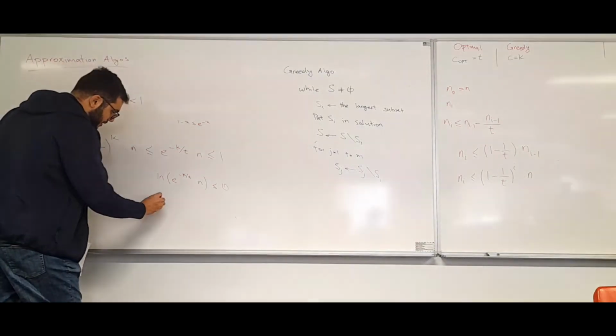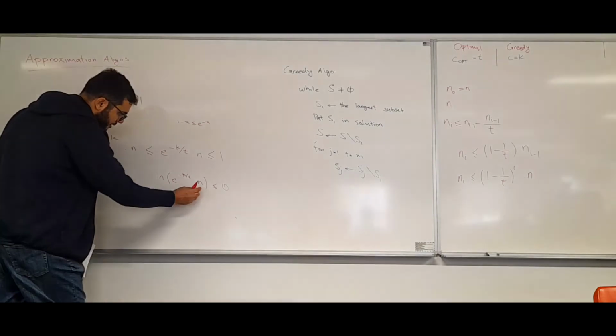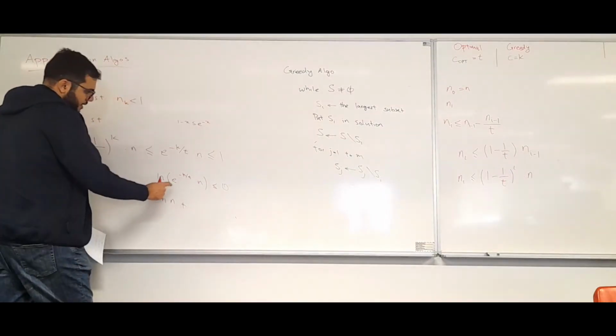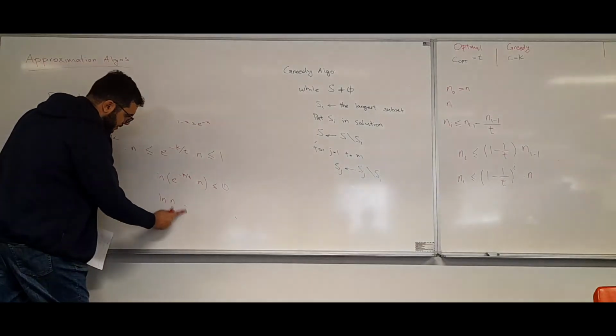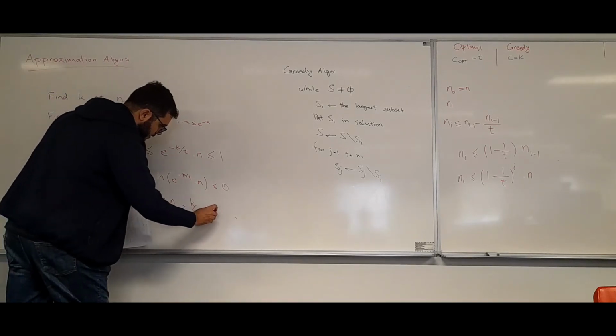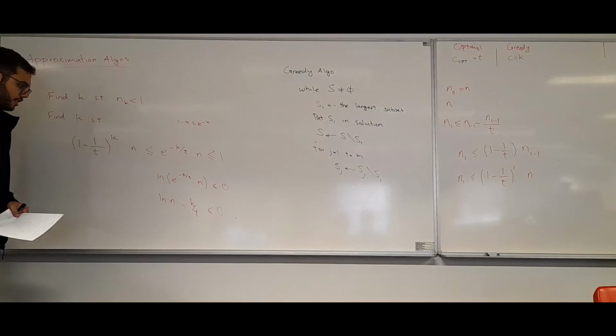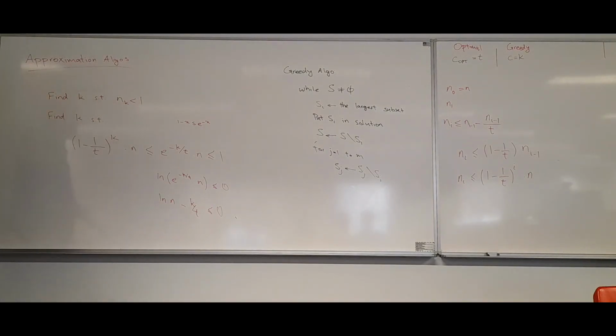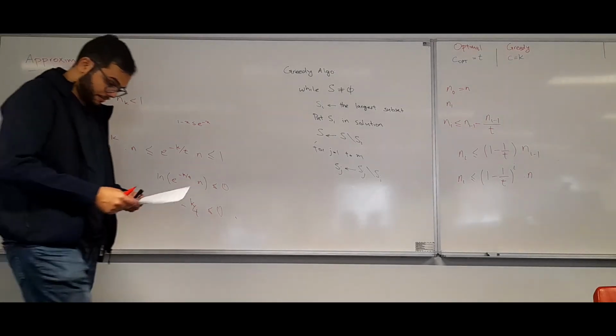Well, it's just ln of n plus minus k over t, so minus k over t, which has to be at most 0. And this gives you exactly the same thing as before. Well, k is at least t times ln of n.